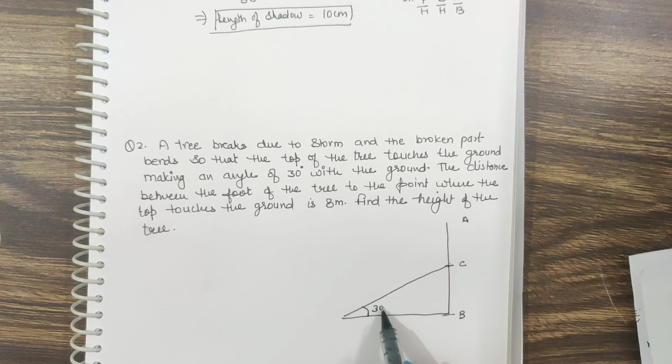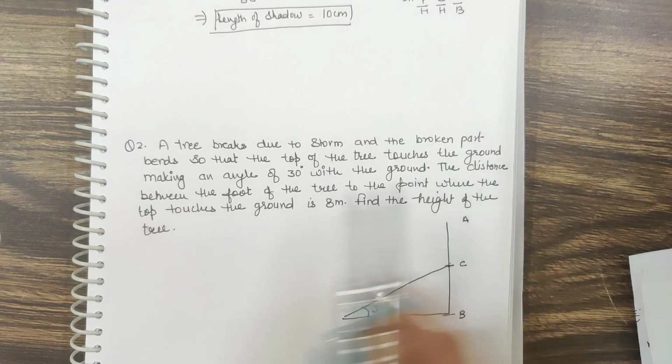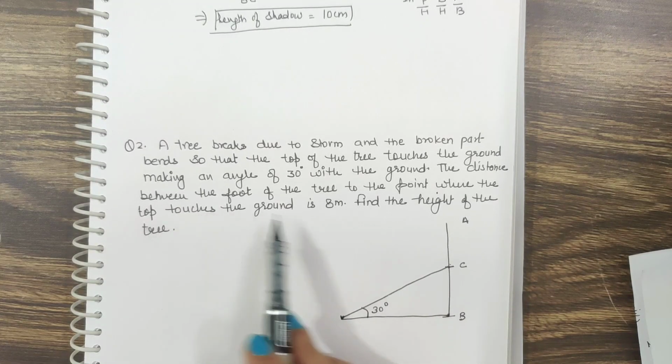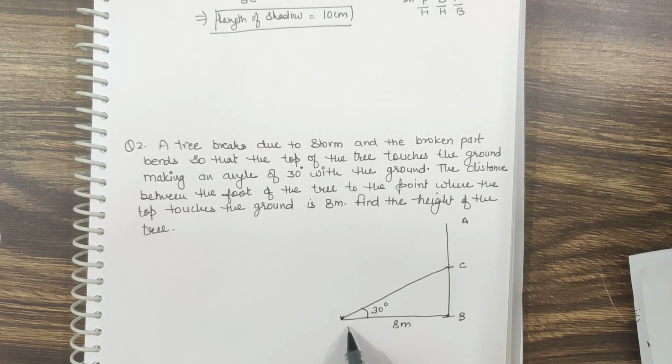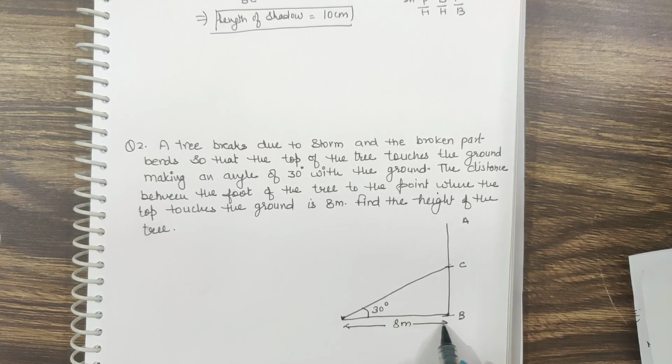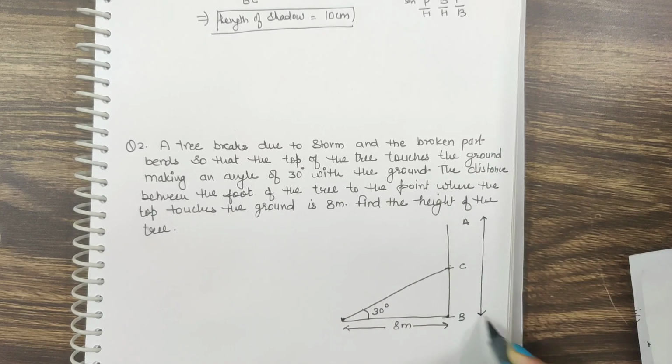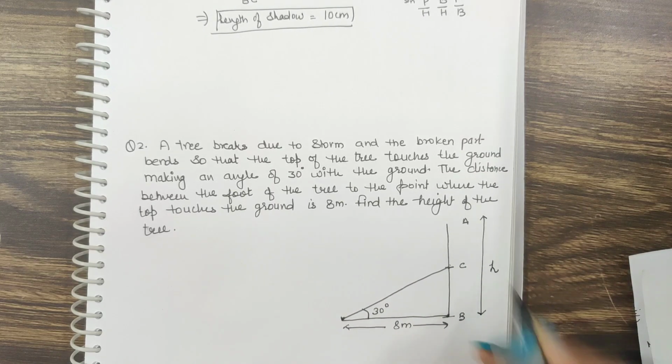That means this angle is 30 degree. The distance between the foot of the tree, here is the foot of the tree, and the top touches the ground is 8 meter. This is your 8 meter distance. Find the height of the tree. We have to calculate height.